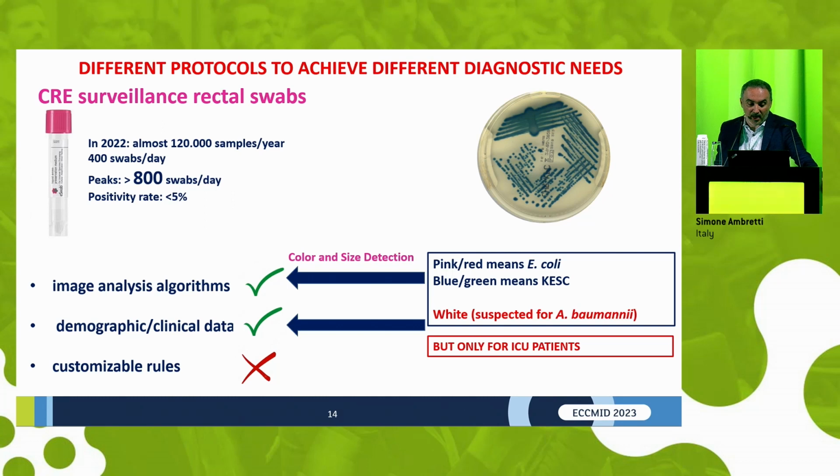In this case, the image analysis algorithm is able to detect Enterobacterales growth, discriminating between E. coli and other Enterobacterales species, in particular belonging to the group Klebsiella, Enterobacter, Serratia, Citrobacter. Moreover, we have a specific rule to detect and report Acinetobacter baumannii growth only for ICU patients.